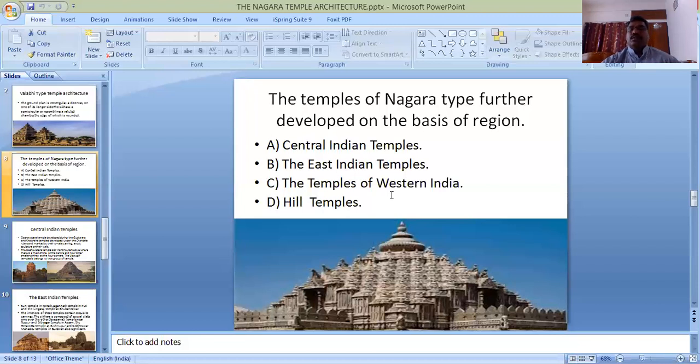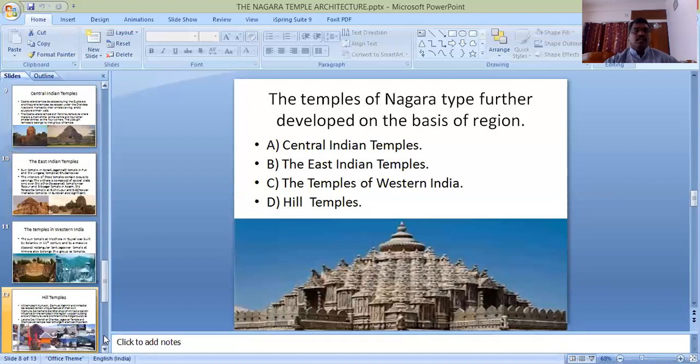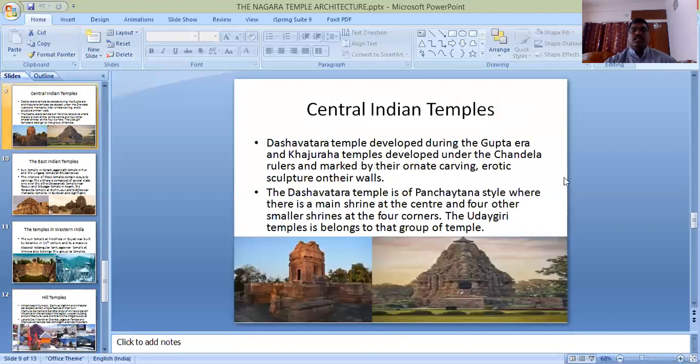So the Nagara type of temples is divided into four categories on the basis of region, related to the special features of the temple architecture. Here I have mentioned Central Indian temples, which are quite known to us.